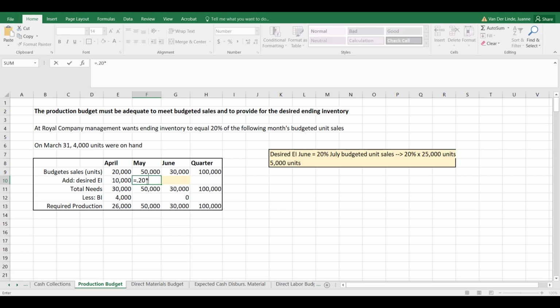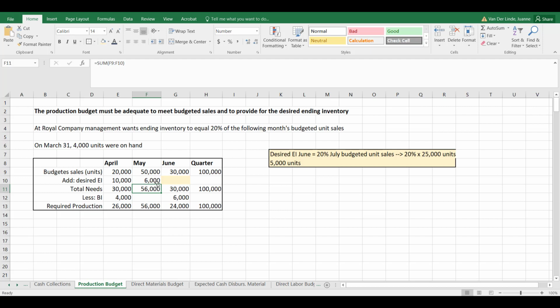So we will take 20% times that 30,000 budgeted sales units for June. So we want to end May with 6,000 units. So if we estimate we're going to sell 50,000 units in May, and we want 6,000 units left over, we need a total of 56,000 units for May.